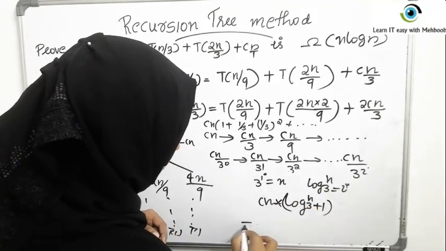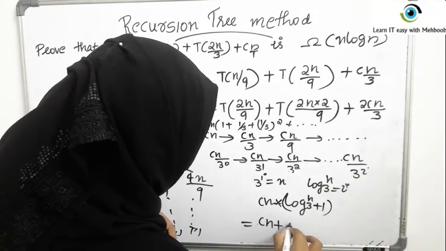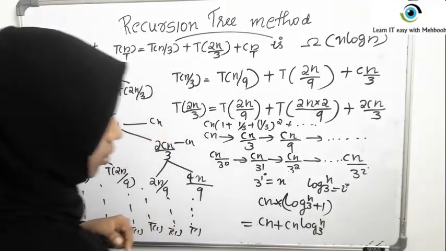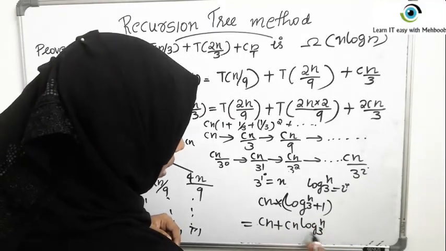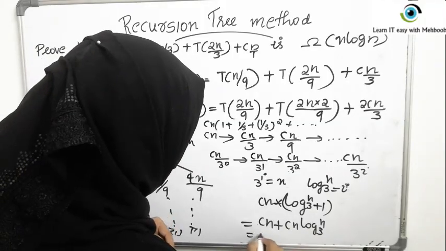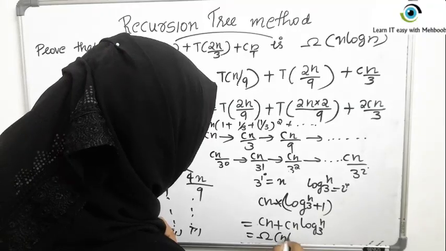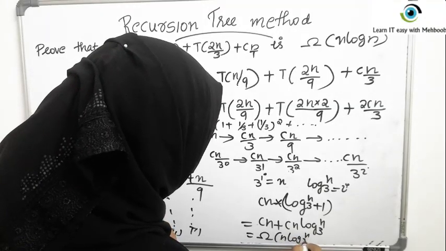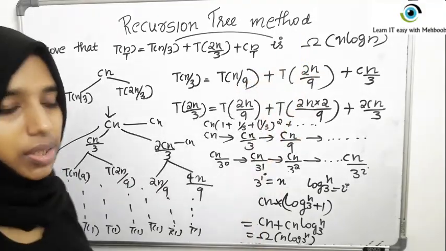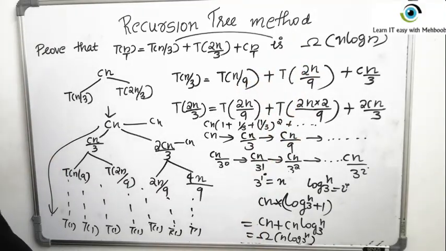So when you do this, you will get Cn plus Cn log n to the base 3. So you know that n log n is the highest power term of n here. So the complexity is omega of n log n to the base 3. So this is how we find out the complexity and we have proved this question. So hope you understood. Thank you.